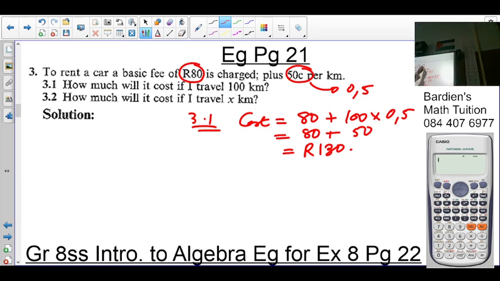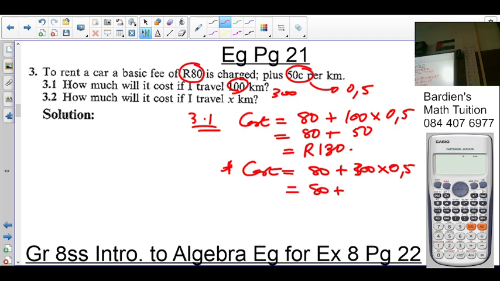What if he covers 300 kilometers? He maybe goes for a drive. What would the calculation then have been? The cost is equal to 80 plus 300 times 0,5. You guys understand? So that would be 80 plus 150, that's going to give you 230 Rand.